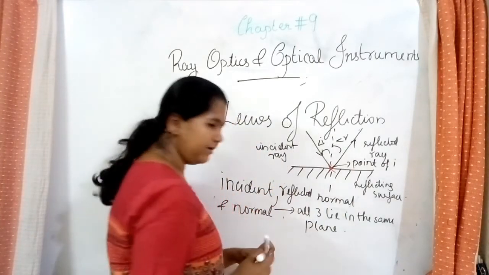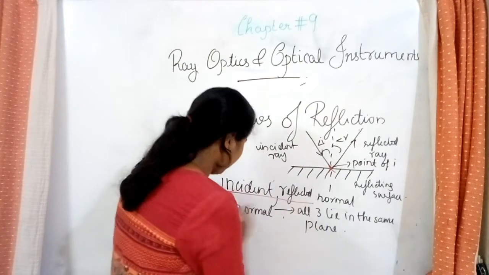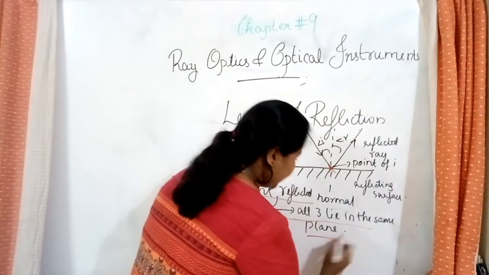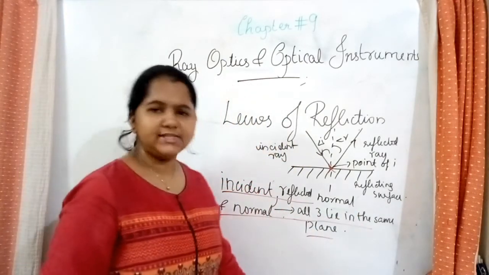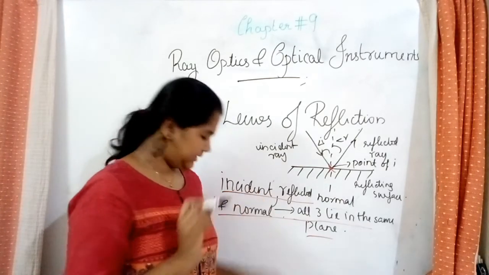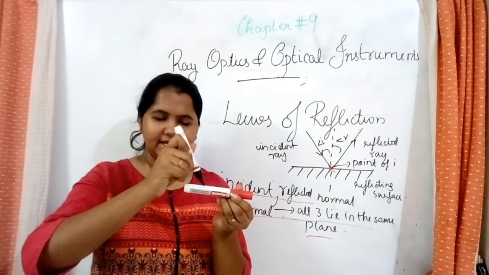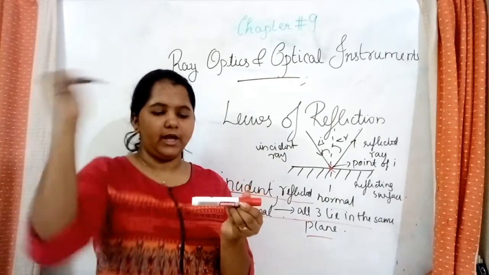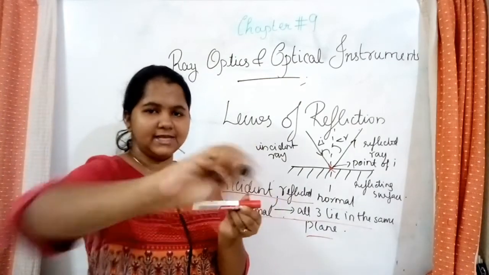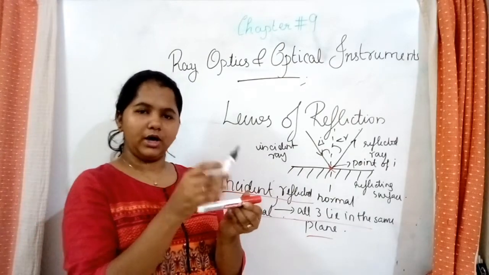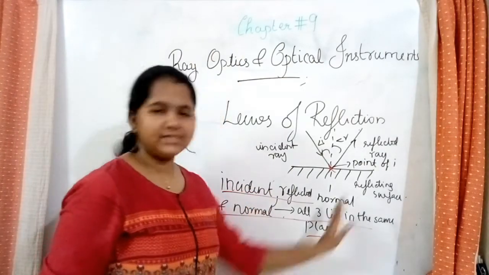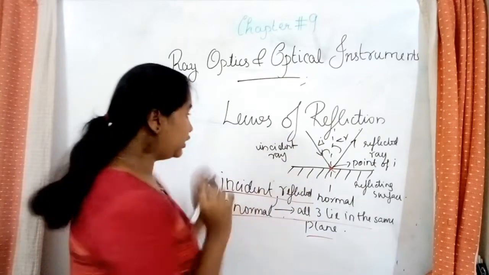This is our first law. It's obviously like that because this is our reflecting surface. When a light ray falls, it will hit and go back in the same plane. It won't hit and go off sideways. Instead, it will hit and go this way. So this is the first law.